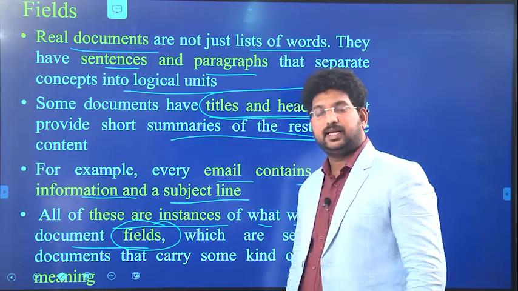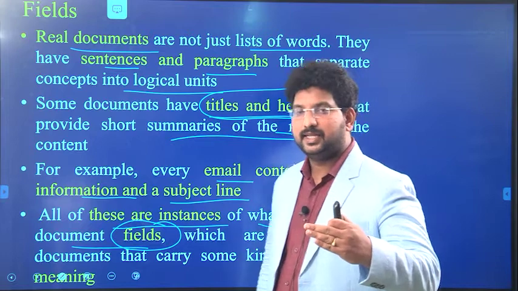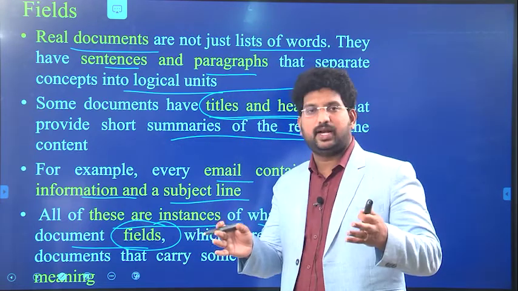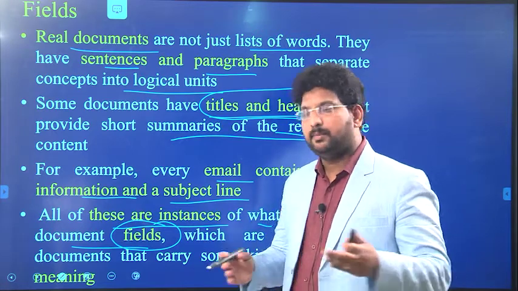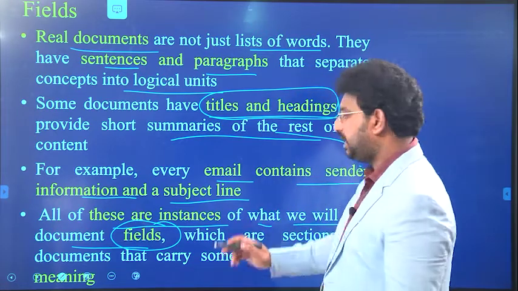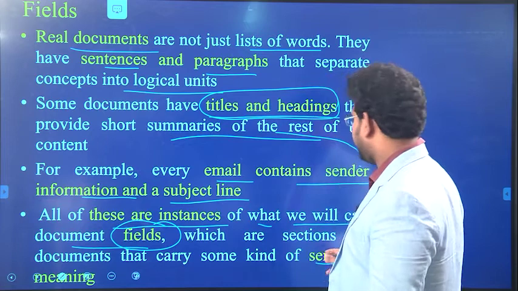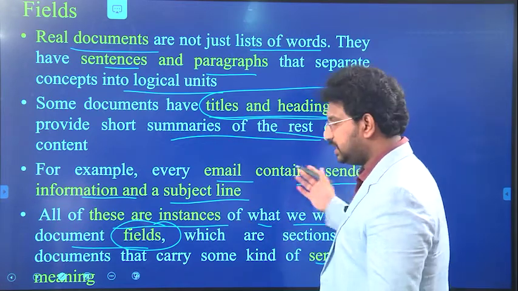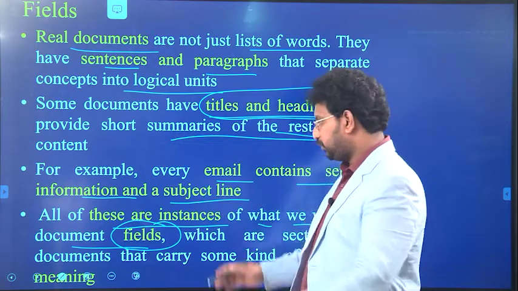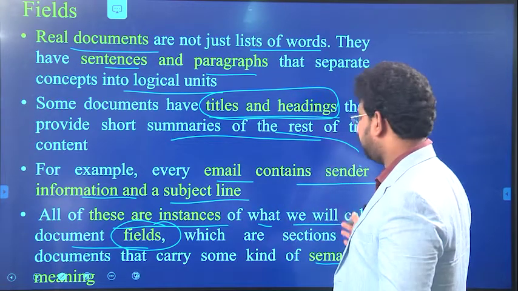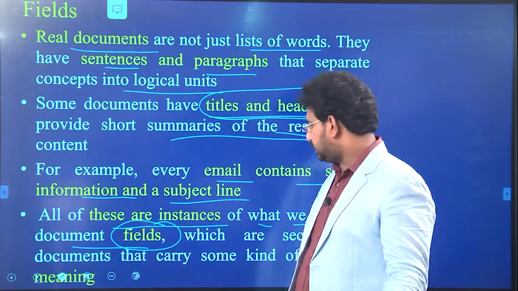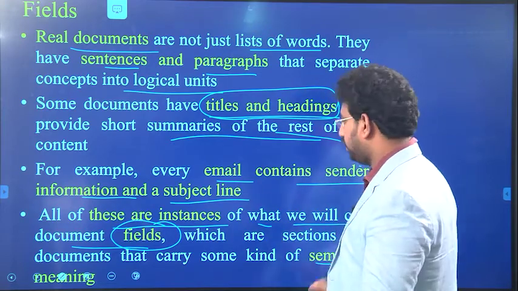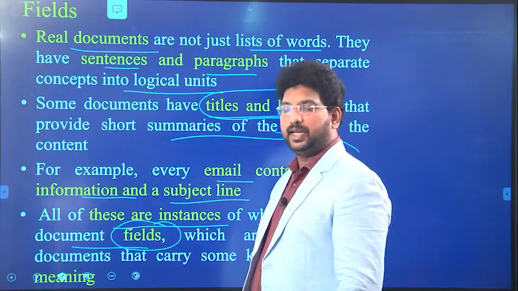Semantic is about meaning-related information. Semantic is nothing but the meaning. So, for example, an email contains the sender information and the subject line. All of these instances we call document fields, which are the sections of the document that carry semantic meaning.